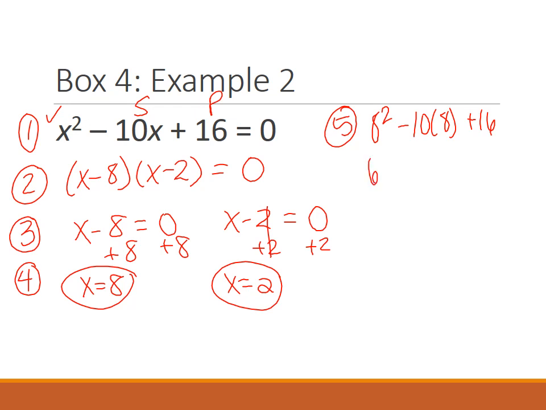So I have 64 minus 80 plus 16 gives me negative 16 plus 16, which equals 0. Is that what I needed? Yes. So that lets me know that I did do it right. And if I was uncomfortable with 2, then I would repeat the same process with 2. Does that make sense? These are both your answers.